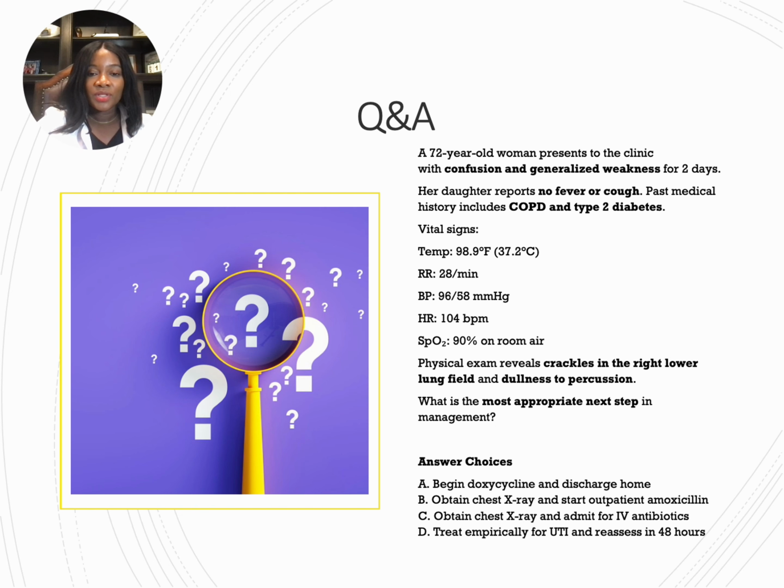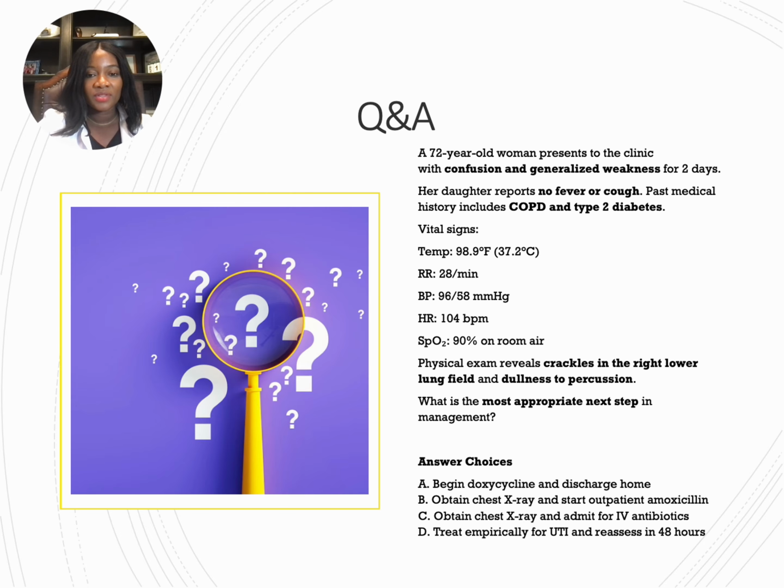A 72-year-old woman presents to the clinic with confusion and generalized weakness for 2 days. Her daughter reports no fever or cough. Past medical history includes COPD and type 2 diabetes.